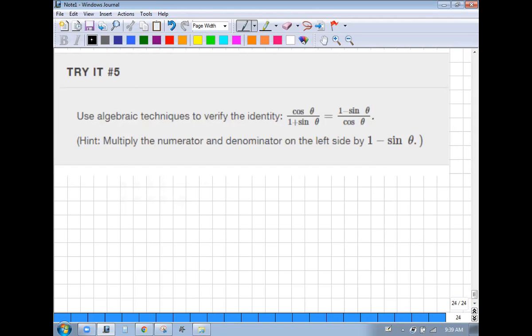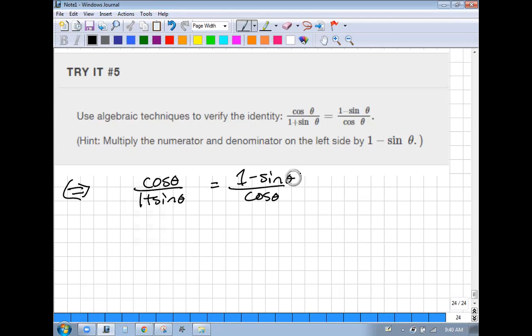So let's start with the left-hand side. Again, you can work with both sides at the same time if you want, right? Let's do it with both sides. I'm going to just write down the same thing here, right? Identical equation. I haven't changed anything.